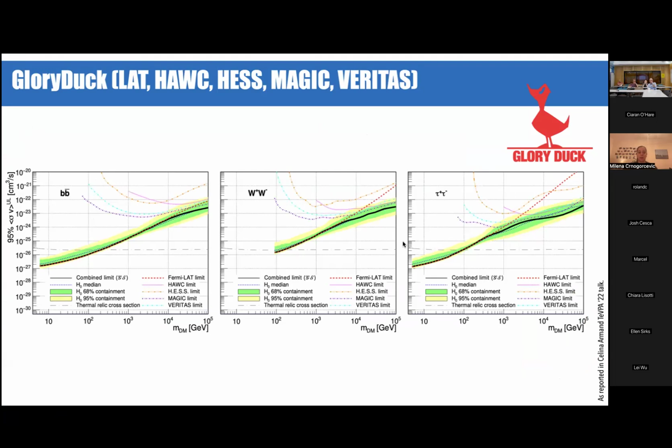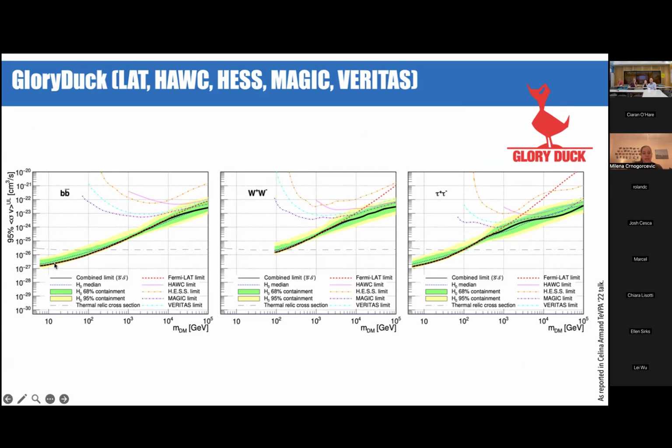upper limits on the WIMP dark matter mass. The black line shows the total joint likelihood upper limit for different annihilation channels, and the different dashed lines come from different instruments.